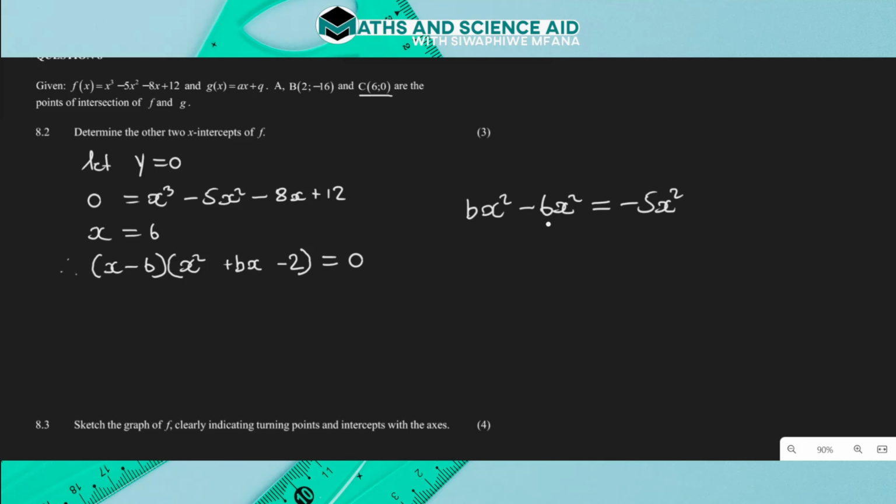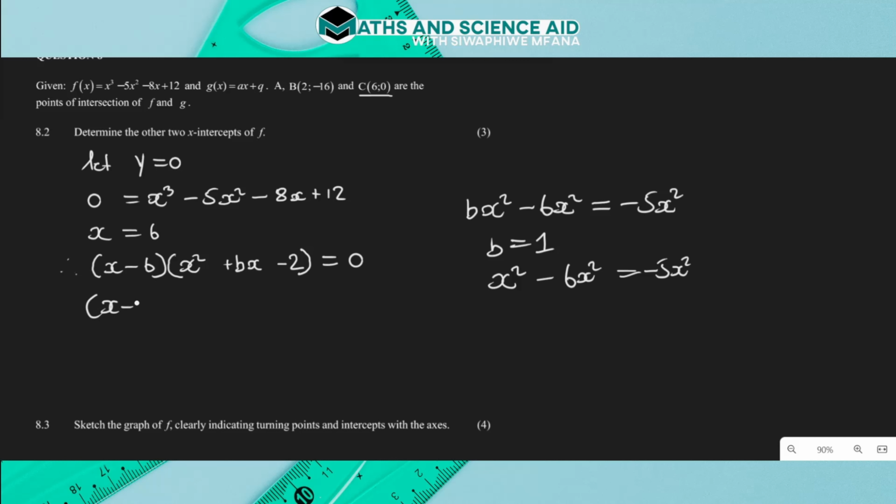So I'm sure that you can all agree that b must be equal to 1, because this will give us x squared minus 6x squared. And indeed, x squared minus 6x squared is going to give us minus 5x squared. So that's the value of b, so we can just input it in here.